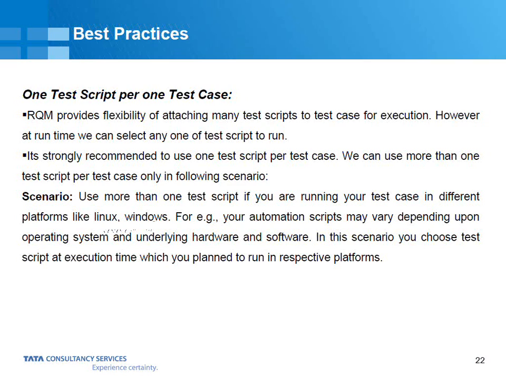For both platforms, you would need two different scripts, and those should be attached to the same test case, because the test case is the same, but your automation or manual scripts might differ. So you can have two test scripts attached to one test case, and at runtime you can select the script you want to execute on the respective platform.